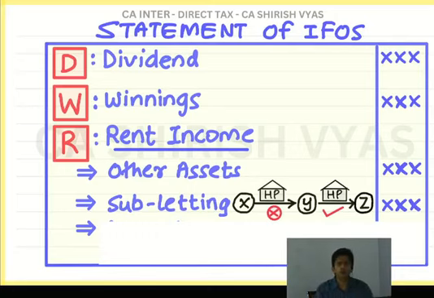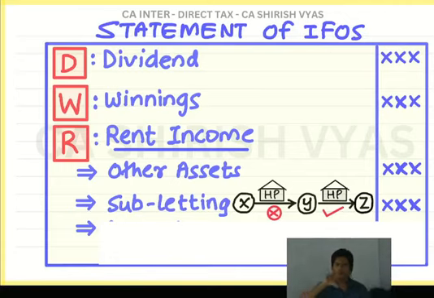If it is possible to split, then what to do? You should split the component of building, four walls and a roof, and that should ideally go to income from house property. But if you are not able to split, then put the whole thing in income from other sources.